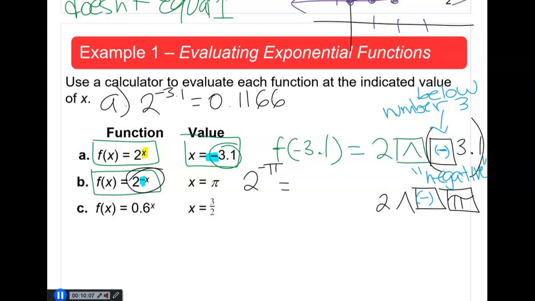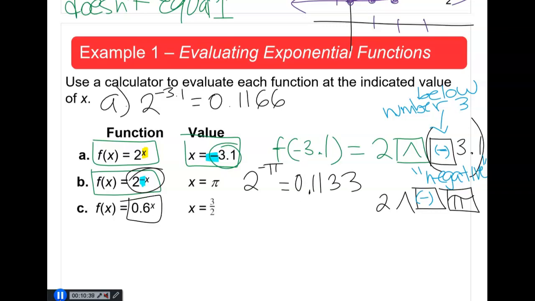Okay, so that one, no, I forgot to enter exponent. Okay, so I hope you are practicing, because you're gonna have to enter things like this on your calculator. So rounded to 4 decimals, that's what I get.